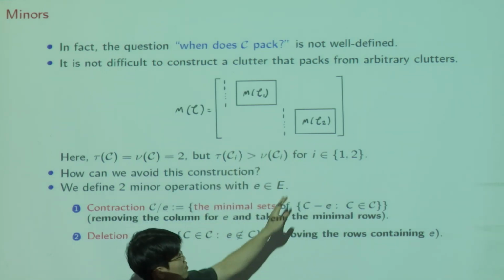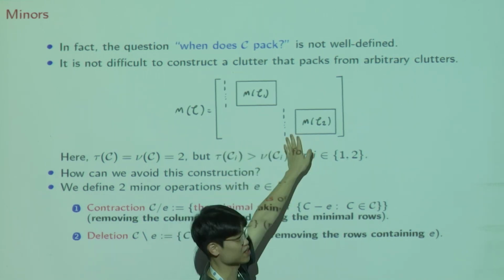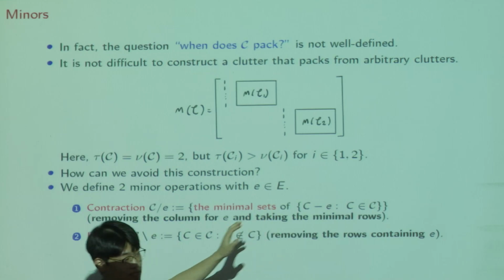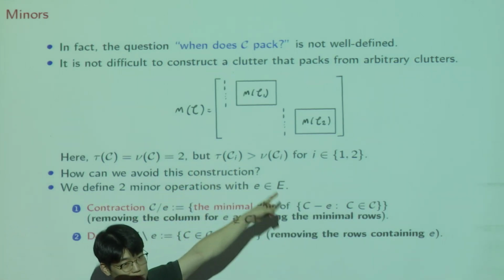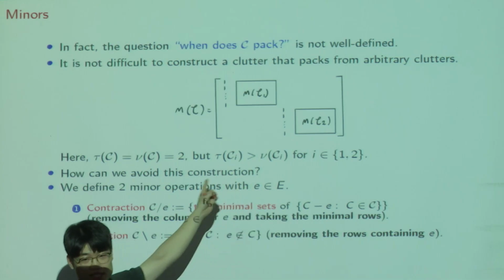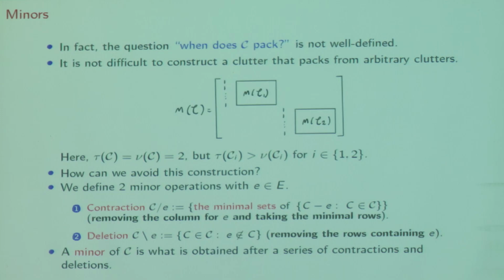At the same time, if you contract this and then delete the first one, you keep the second part. So these minor operations get you to the arbitrary clutters hidden in this big clutter. A minor is anything that can be obtained by applying these contraction and deletion operations.